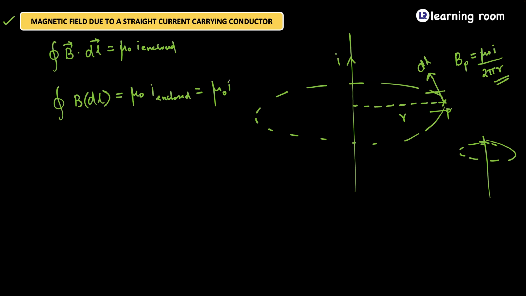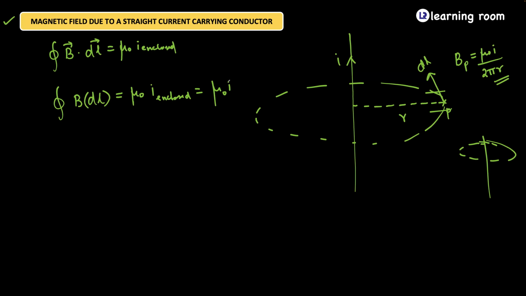You assign the direction of the magnetic field itself. After that, you apply Ampere's circuital law, which says line integral of B dot dl is equal to mu naught into I enclosed. In this case, B and dl are in the same direction. Hence, it will be the product of their magnitudes, which is equal to mu naught into I enclosed. What is the current enclosed by the Amperian loop? I. So this is clear.